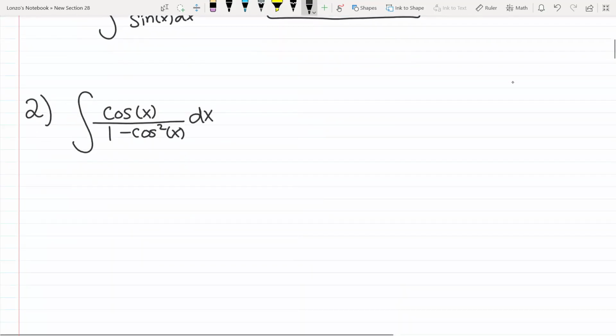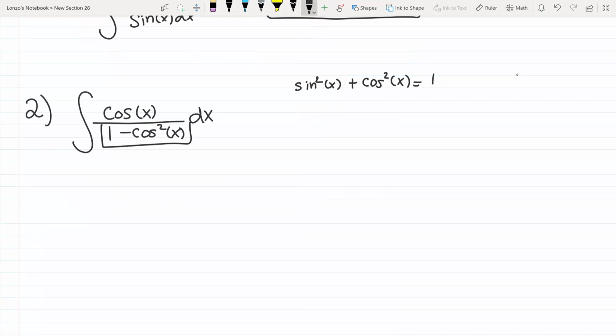So on number 2, we have the integration of cosine x all over 1 minus cosine square x times dx. I am definitely going to use one of your Pythagorean identities, and I'm going to use this identity. Somehow I'm going to replace this with something. So I have to somehow make this into this.